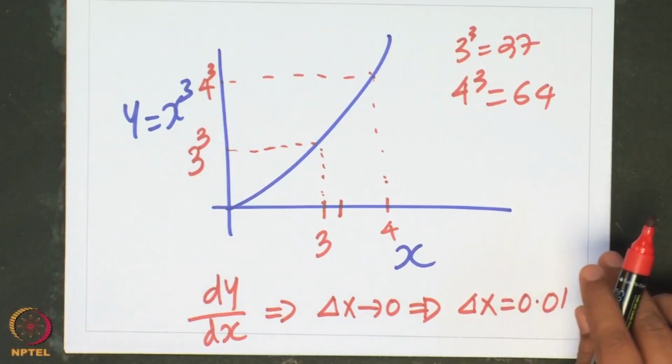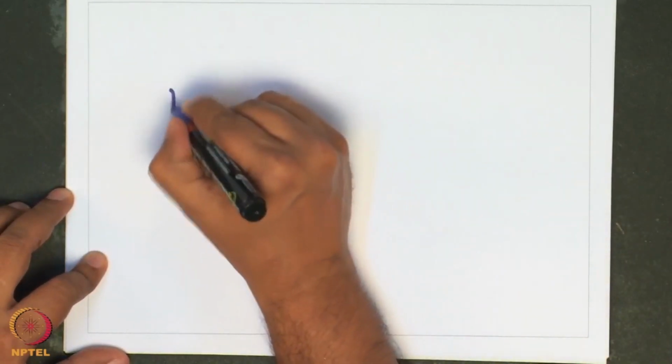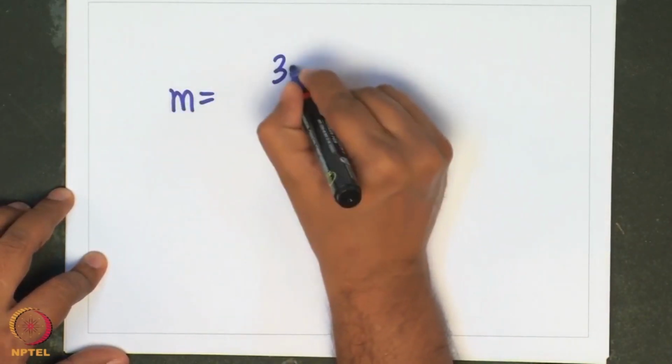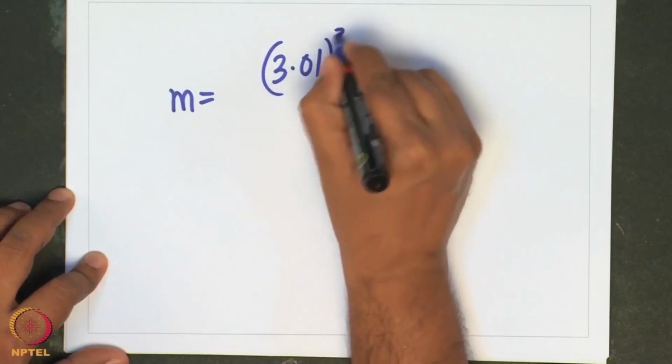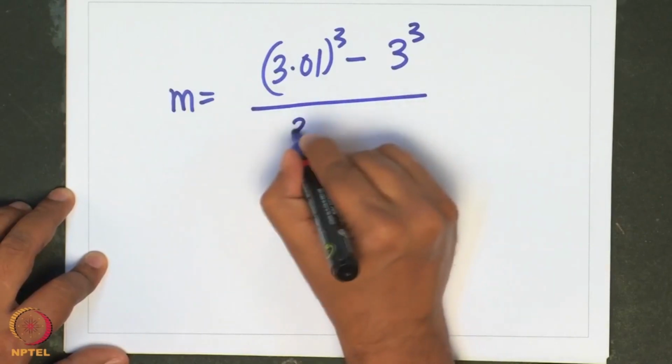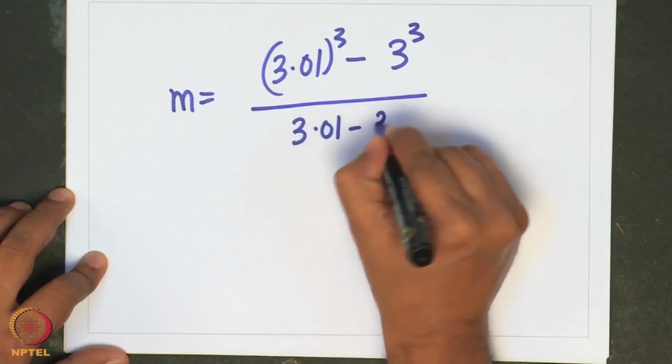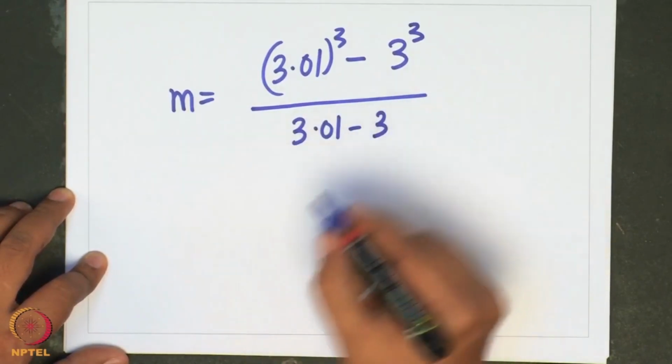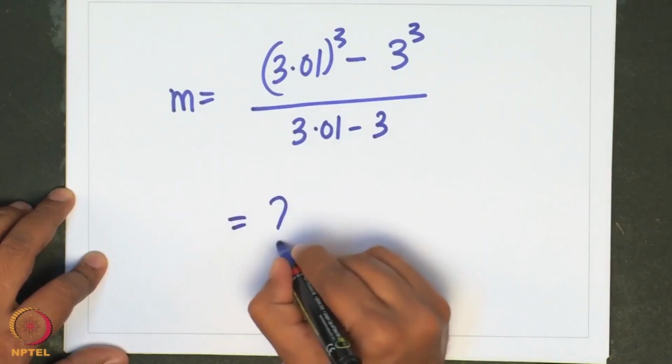And if you calculate the slope, I urge you to do this, m is equal to 3.01 cubed minus 3 cubed divided by 3.01 minus 3. So what would be the answer?